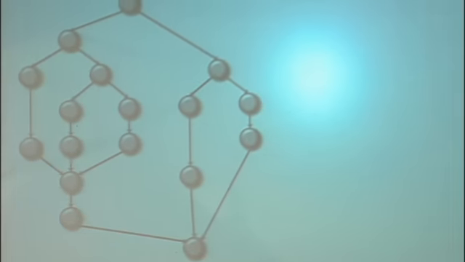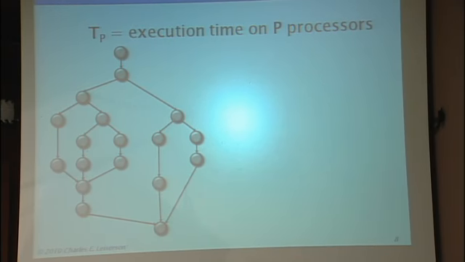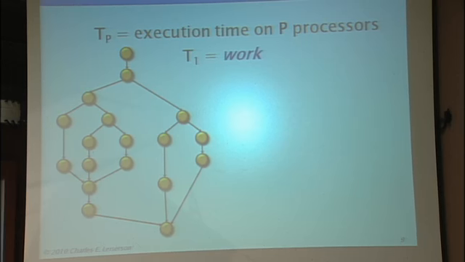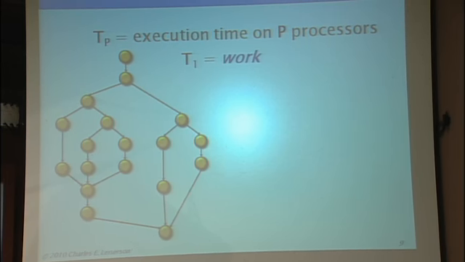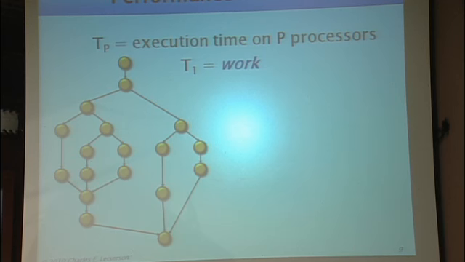So for that, let's let TP be the execution time on P processors for this particular program. It turns out that there are two measures that are really important. The first is called the work. We know that real machines have caches, et cetera, but let's forget all about that and use a very simple algorithmic model where every strand costs us unit time.